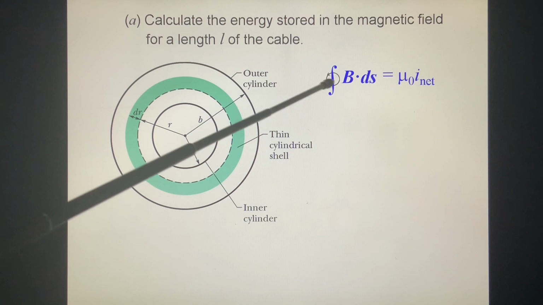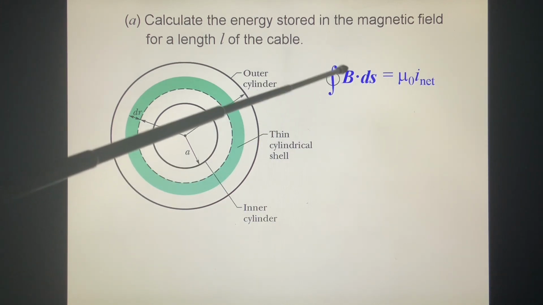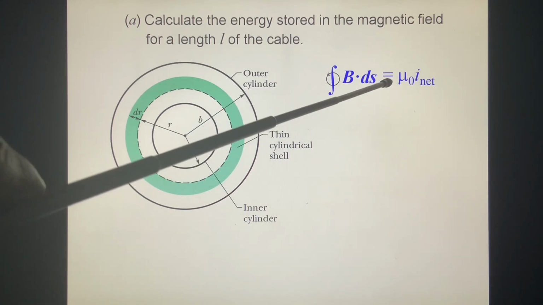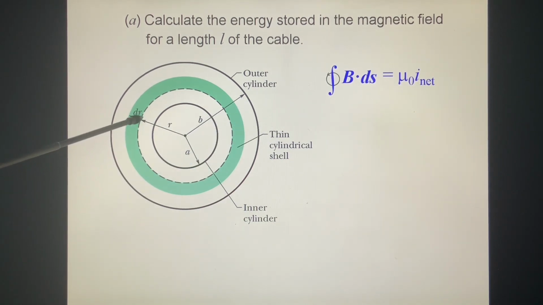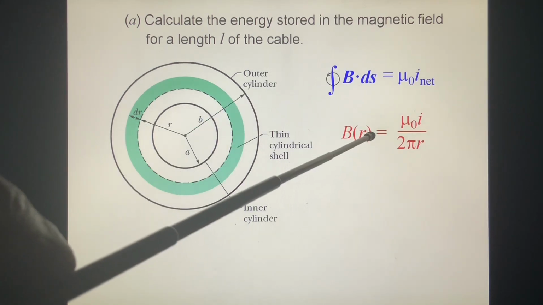We use Ampere's law, the integral of B dot ds equals mu 0 I. Now we take this special case: the location is r, the thickness is dr. Then B at this point in this very tiny area is B(r).